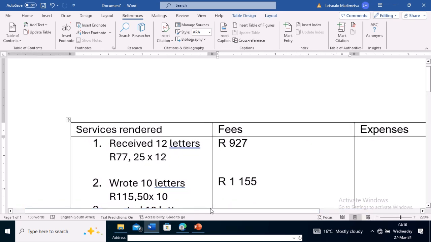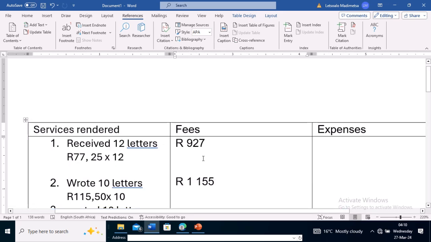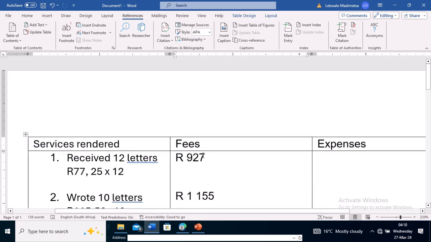Okay, now let me put it in full so that you can see it. 77 rand 25 cent times 12 is going to give you 927. The reason why I put it under fees is because this service was rendered in the law firm, the attorney firm, so they did not carry it outside. So let's move to number 2.